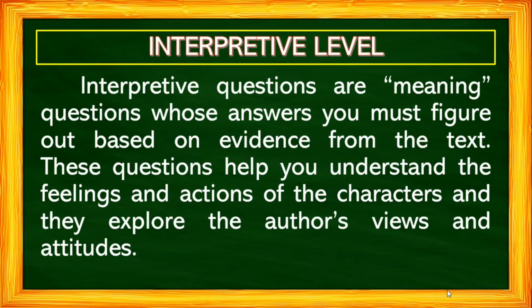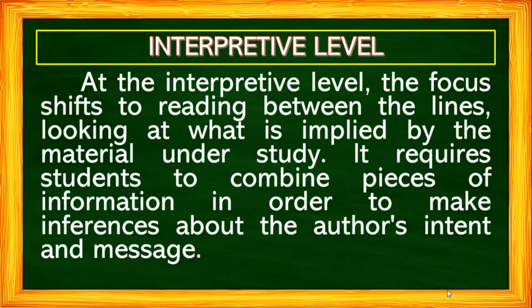These questions help you understand the feelings and actions of the characters, and they explore the author's view and attitudes. At the interpretive level, the focus shifts to reading between the lines. Again, when we say interpretive level, it also means reading between the lines, looking at what is implied by the material under study. It requires students to combine pieces of information in order to make inferences about the author's intent and message.